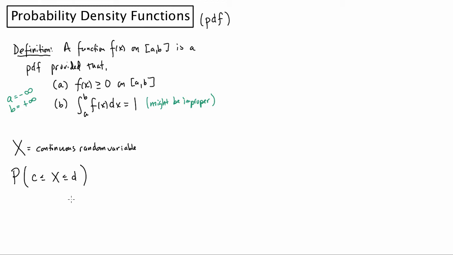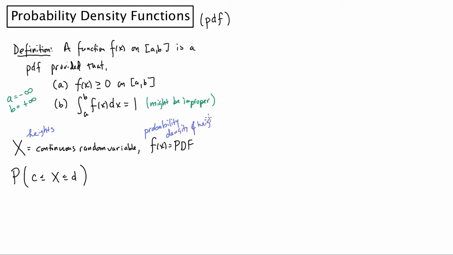Well, that depends on who's in my sample, but if I can tell you that f of x is the PDF associated with the continuous random variable x, in other words, if x represents heights and the function f of x tells me the probability density of those heights.